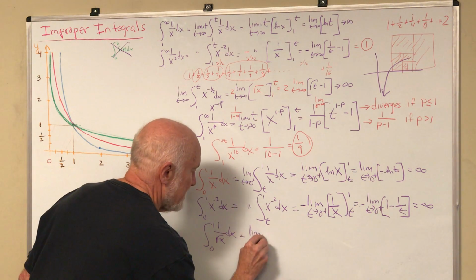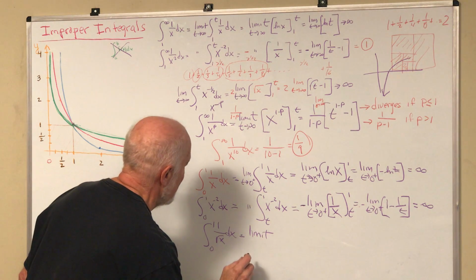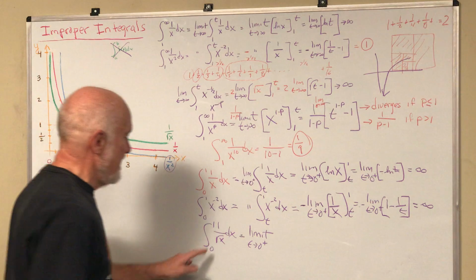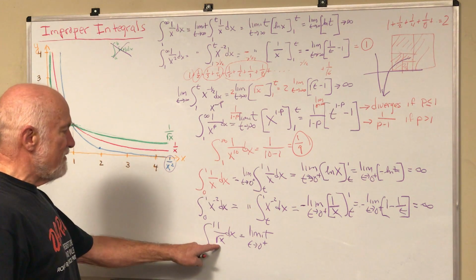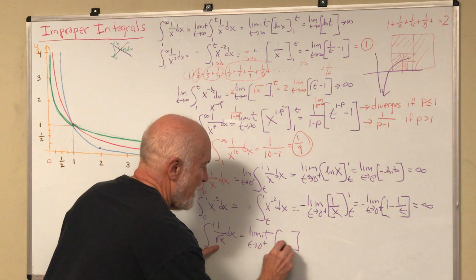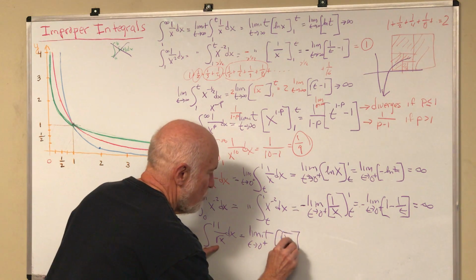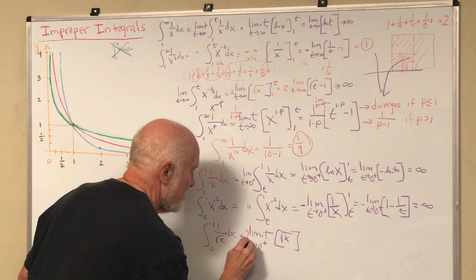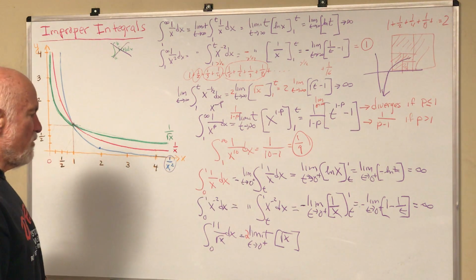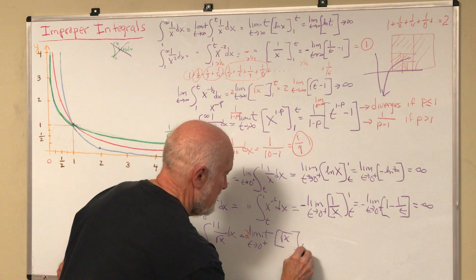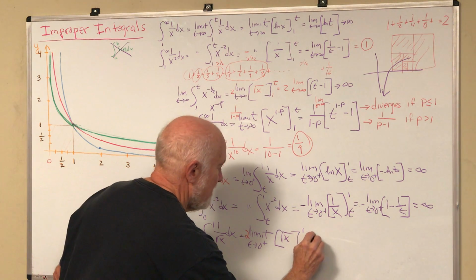We take the limit as t approaches 0 from the right, and this is x to the negative 1/2. So the antiderivative is x to the 1/2 divided by 1/2, or times 2, which I can bring right out there, and I'm going from t to 1.